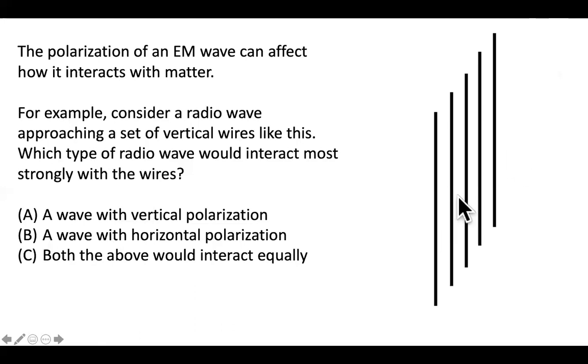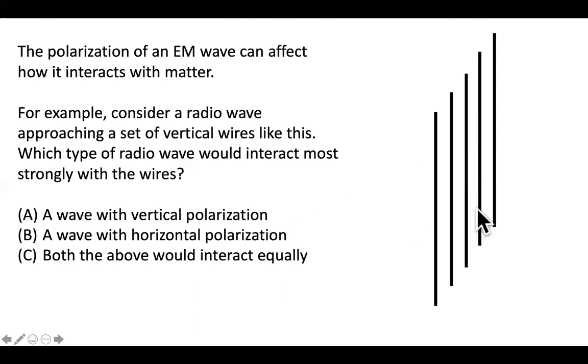If we take a horizontally polarized wave, it will grab the charges and try to move them back and forth. But it can't, because there's no place for them to go. They'll move a little bit. There'll be a little bit of current, but it's just not as efficient. So this thing doesn't interact very well with horizontally polarized radio waves. It just acts more or less like nothing.